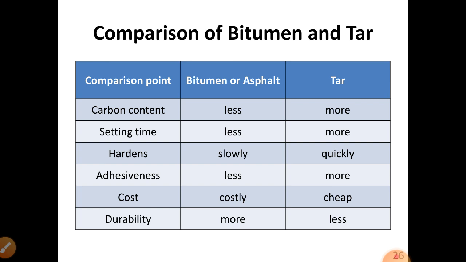Bitumen or asphalt hardens slowly and tar hardens quickly. Comparison point, adhesiveness. Bitumen or asphalt has less adhesion and tar has more adhesion. Comparison point, cost. Bitumen or asphalt is costly and tar is cheap. Comparison point is durability. Bitumen or asphalt is more durable and tar is less durable.